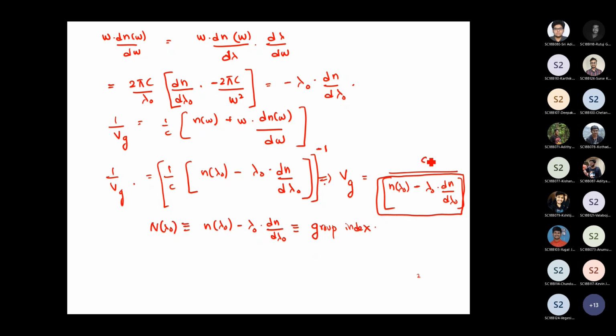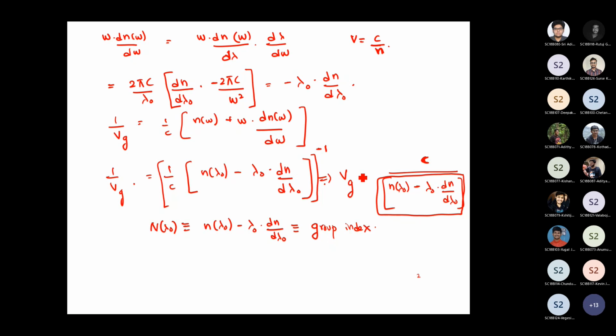So c is the velocity of light in vacuum, and if you have a group of photons flowing inside a dispersive medium, then you know that the velocity of light in a particular medium is given by c by n. The velocity is reduced by a factor inversely proportional to the refractive index of that medium.